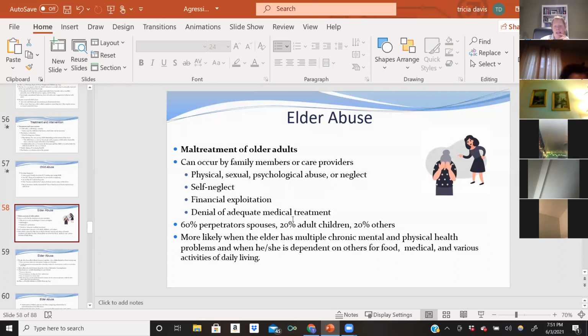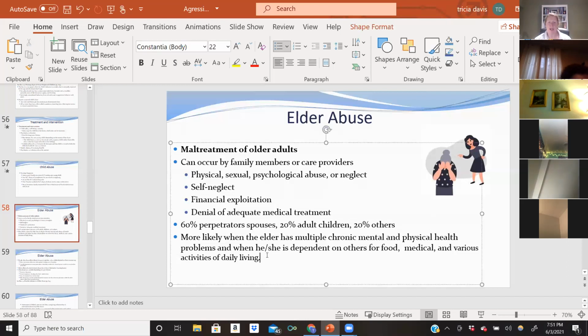It can be very hard for loved ones or care providers to care for people that have multiple mental and physical health problems. It's not an excuse to mistreat them and abuse them, but sometimes it happens on an unconscious level. So it's still considered neglect, but it happens when the caregivers are overwhelmed and not adequately educated about taking care of the patient.